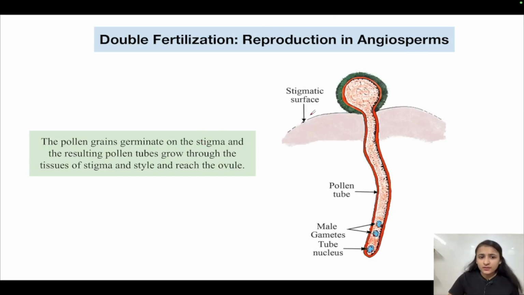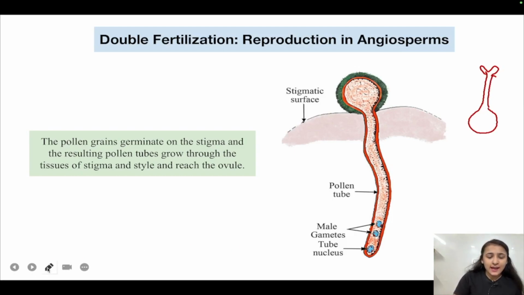Now the pollen grains, as already told, germinate on the stigma, and the resulting pollen tube forms. Now we know that the female reproductive structure is the carpel, which looks like this. So whenever the pollen grain lands onto the surface of the stigma, it will germinate to form a tube-like structure, the pollen tube, which will grow like this.